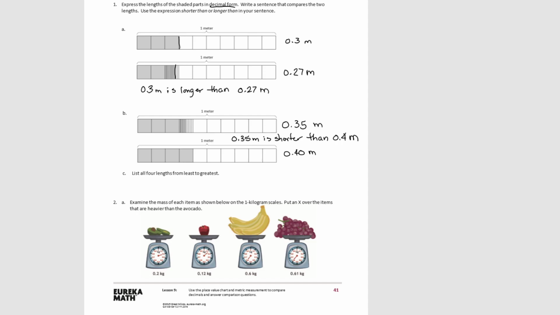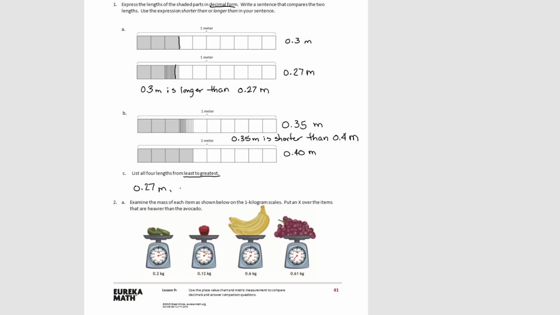Then for C, it says list all 4 lengths from least to greatest. So we're going least to greatest. So look at the 2 measurements at A and 2 measurements at B and put them in order from least to greatest. So least, looking at the tenths, this shortest length would be 27/100 of a meter.